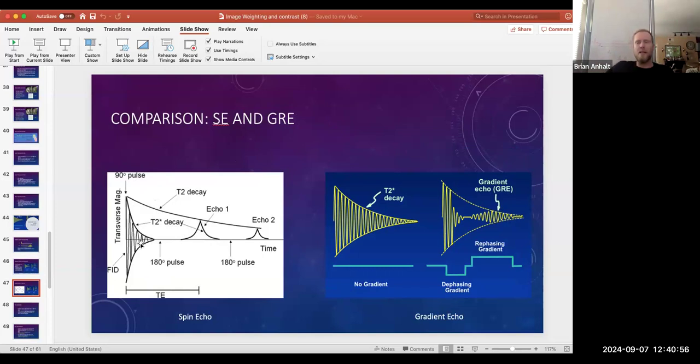Hopefully you can see the gradient echoes collect data much, much faster than spin echo sequences, since it's all happening within the FID, essentially.